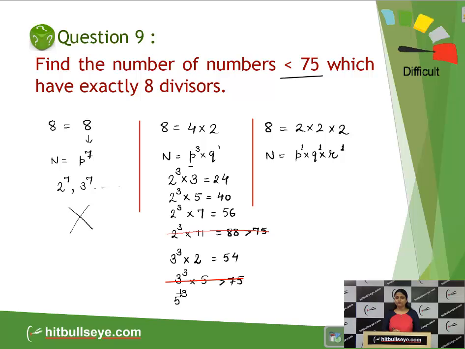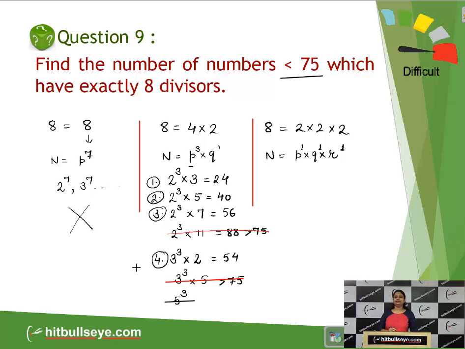This is 5 cube. Again we will drop this power, because our range is less than 75. That's why we have to stop here. So how many numbers from this case? They are 1, 2, 3 and 4.